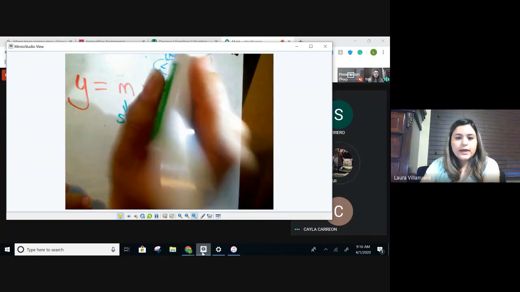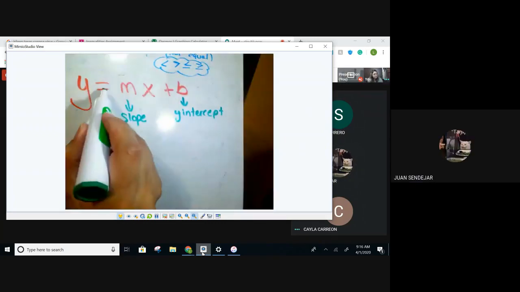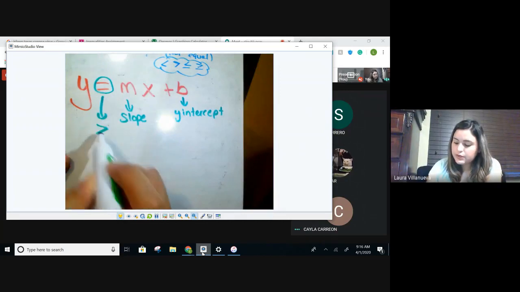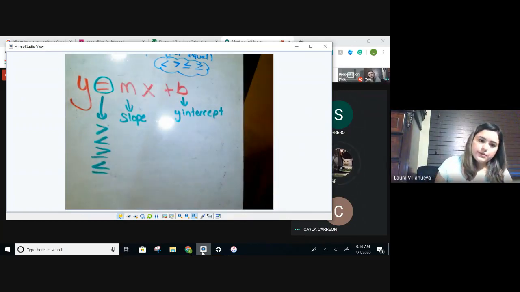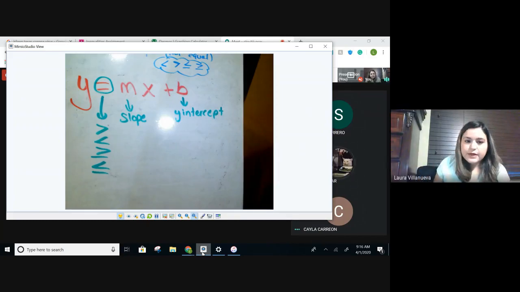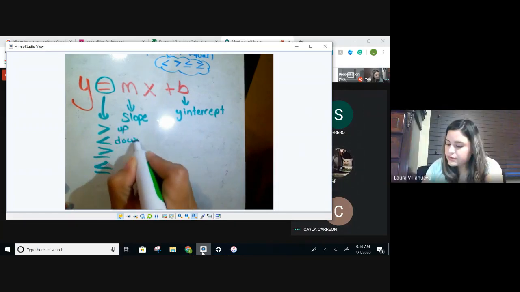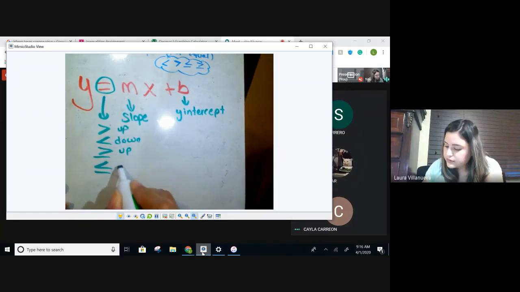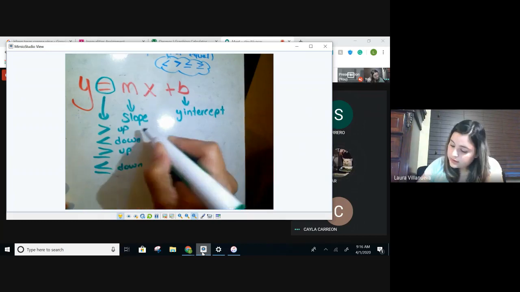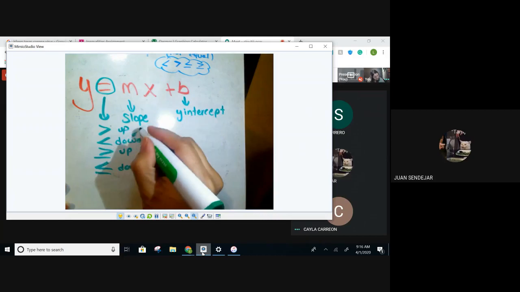Now, same thing is going to happen when you have inequalities. This is going to be either greater than or less than, or greater than or equal to, or less than or equal to. It just depends on your function. Right now, I gave you that this one's going to be up, this one's going to be down, this one's going to be up, and this one's going to be down. This one's dotted.